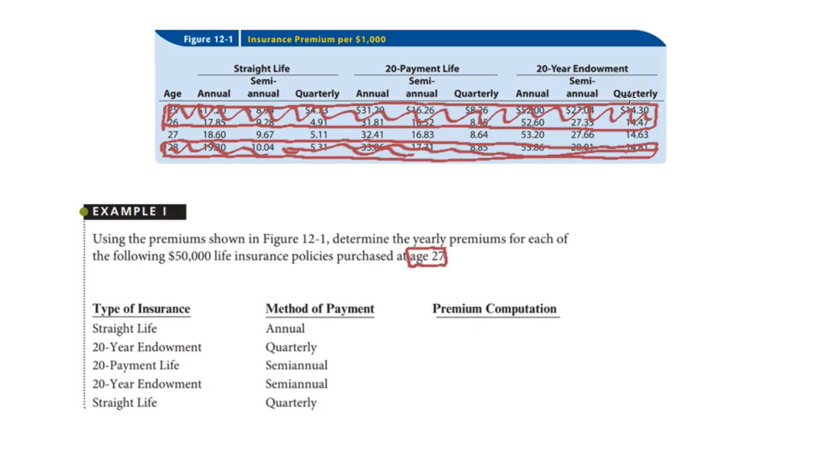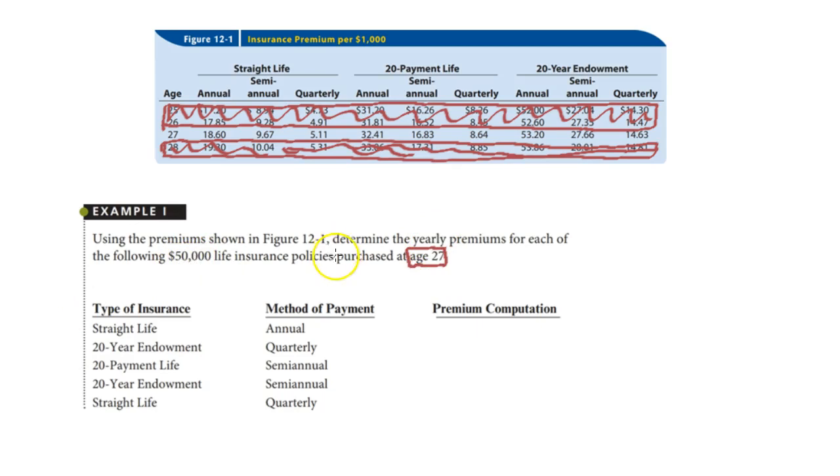Okay, so we may be using annual, semi-annual, or quarterly, straight life, 20 payment life, 20-year endowment, depending on the type of insurance and the method of payment. But we've narrowed it down to the row we're using, which is based off age. Now, I'm going to switch colors.